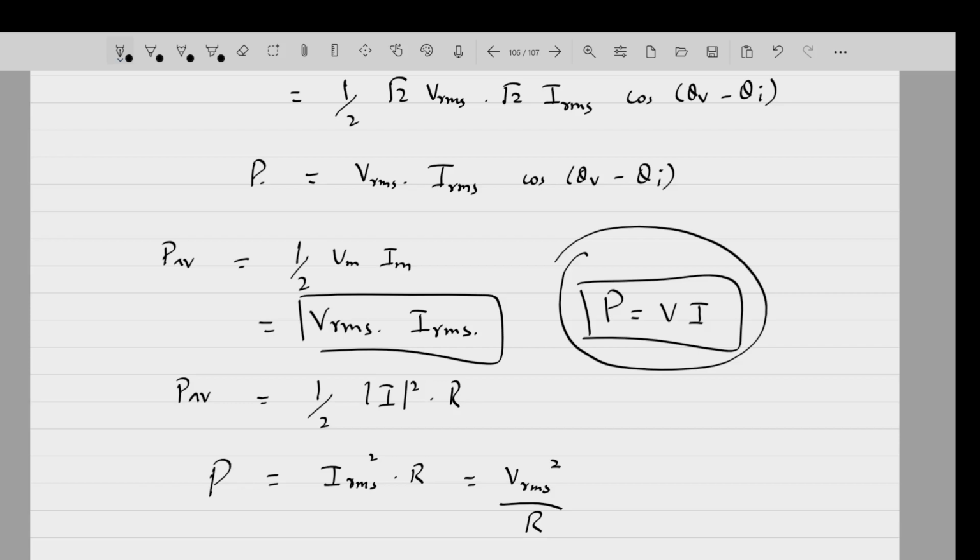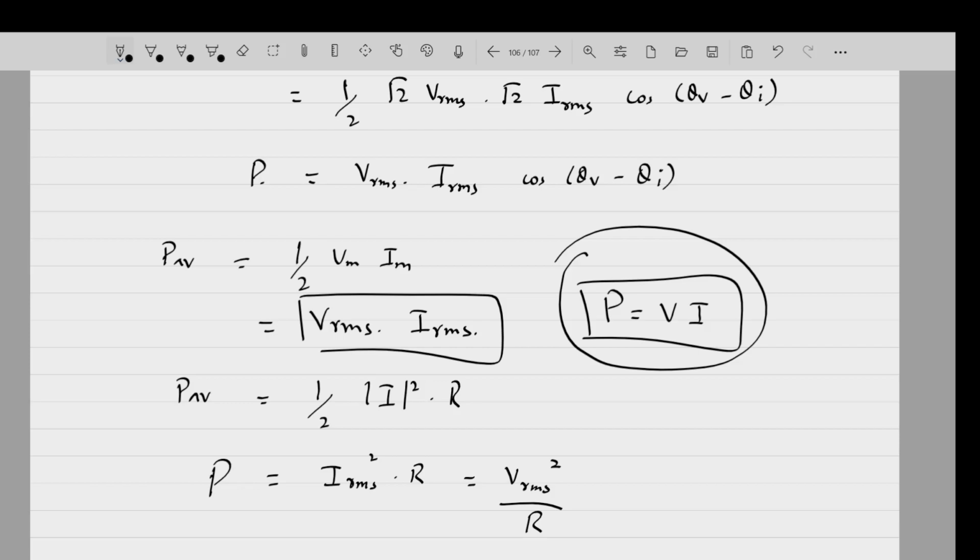We are talking about the RMS values of voltage and current. These same formulas were used in DC circuits: P is equal to VI, P is equal to I squared R, P is equal to V squared by R. You can use these formulas in AC circuits as well, but here V and I are specifically RMS values.